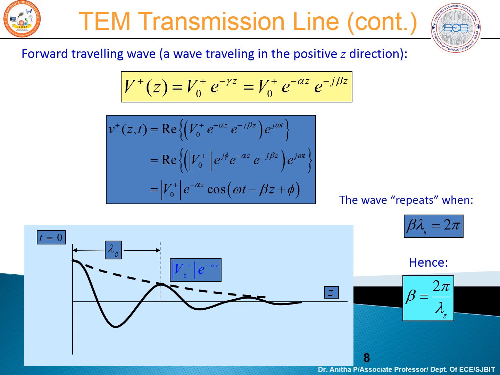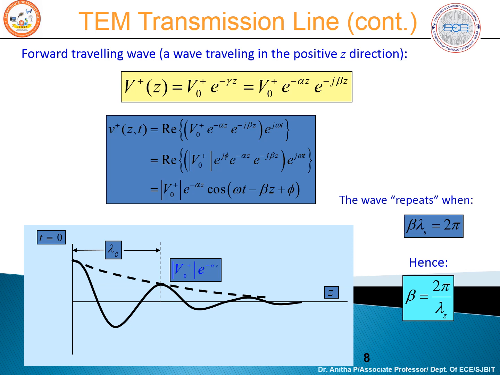And we know that it is varying only with respect to space. If I express it in terms of time also, consider the same along with space, along with time variation e power j omega t. Now in this case, take the real part of that. v naught plus is the magnitude, and let us consider that v naught plus has an initial phase represented as e power j phi. So v naught plus into e power j phi into e power minus alpha z into e power minus j beta z into e power j omega t.